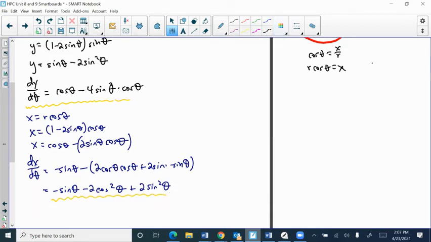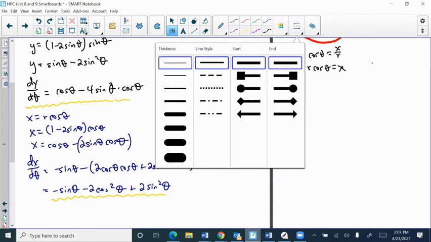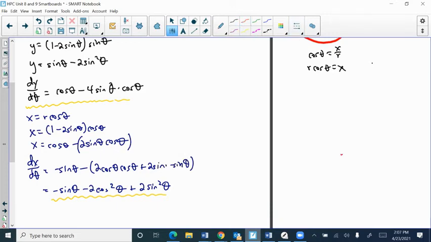So when I combine this to find the slope of the tangent line, a lot of times on multiple choice you might just do it at a particular point. On free response, I could easily see that as find it in general. So dy/dx, remember, is going to equal dy/d theta over dx/d theta, and we just put the two as a quotient.